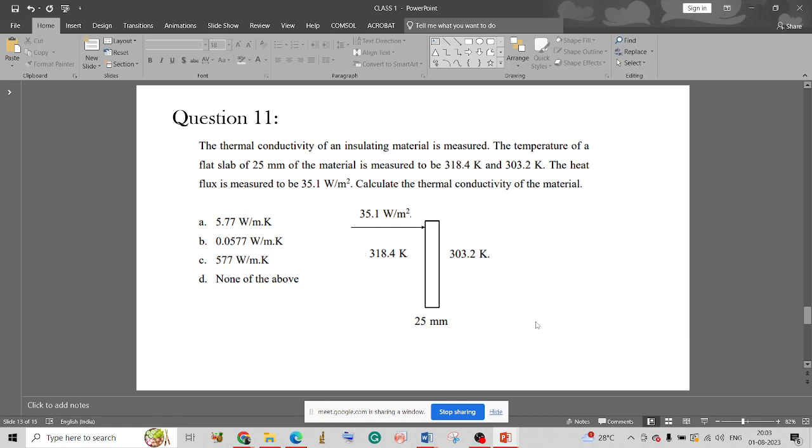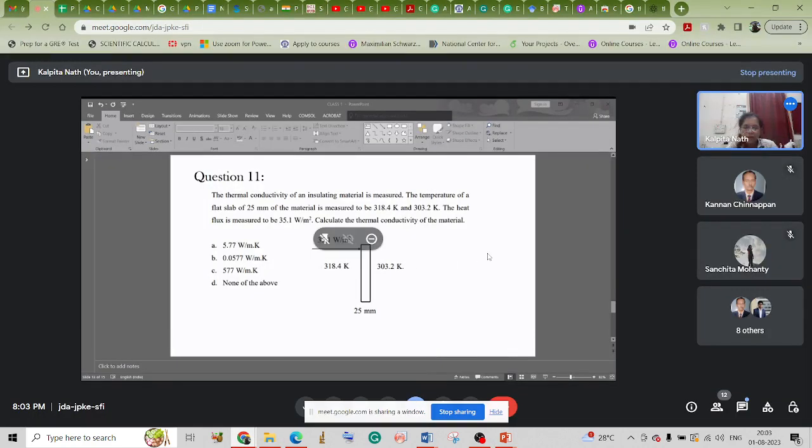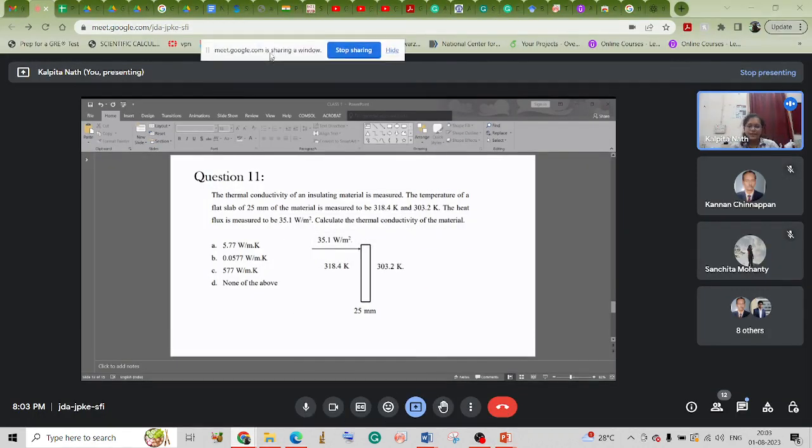The heat flux is measured to be 35.1 watt per meter square. So we have to calculate the thermal conductivity of the material. These are the options that are given, and the picture clearly identifies what the problem is. Simple question, right? So solve this and answer me.